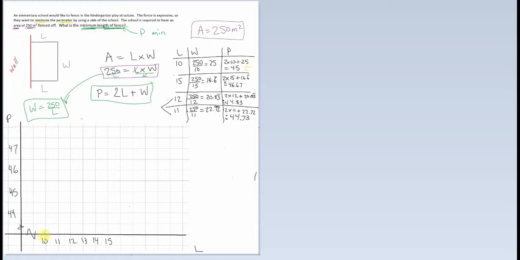So at 10 we had 45. At 11 we had 44.73. So that'd be just below 45. There we go. At 12, 44.83, slightly higher. 13 we didn't do, 14 we didn't do, 15 was 46.67.